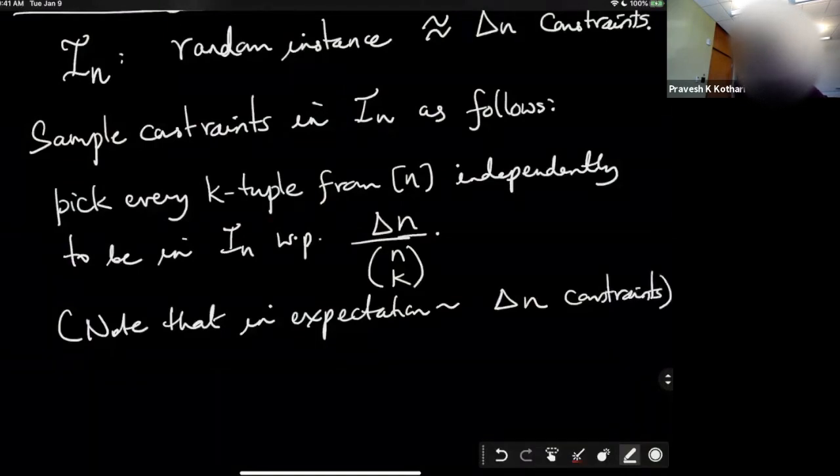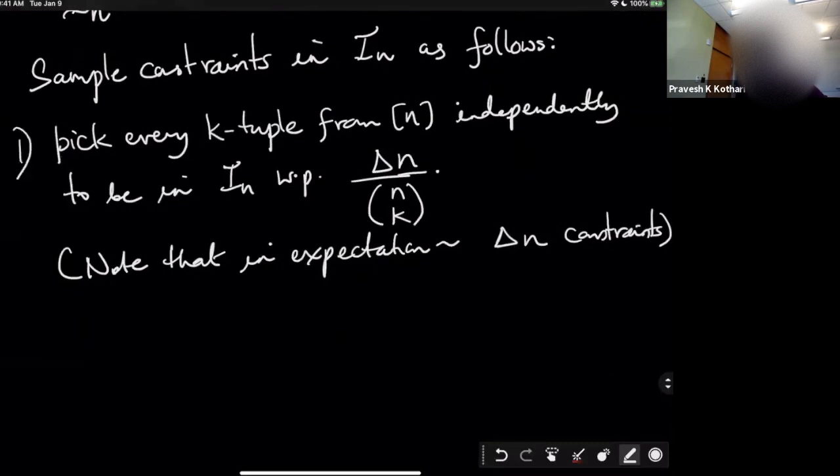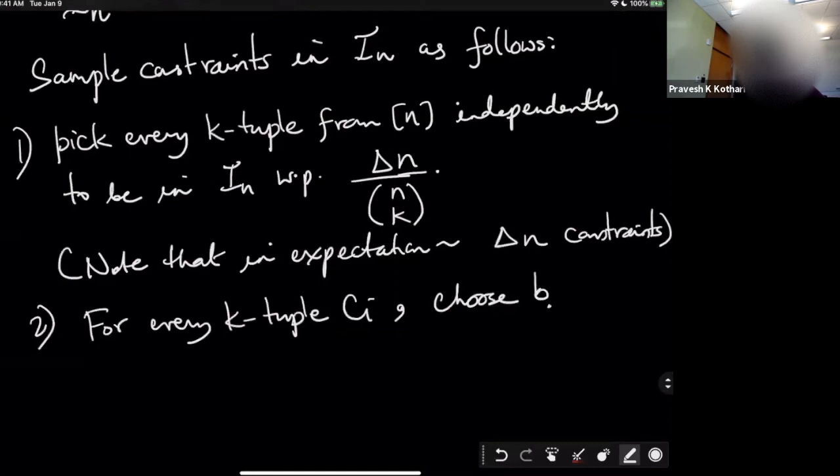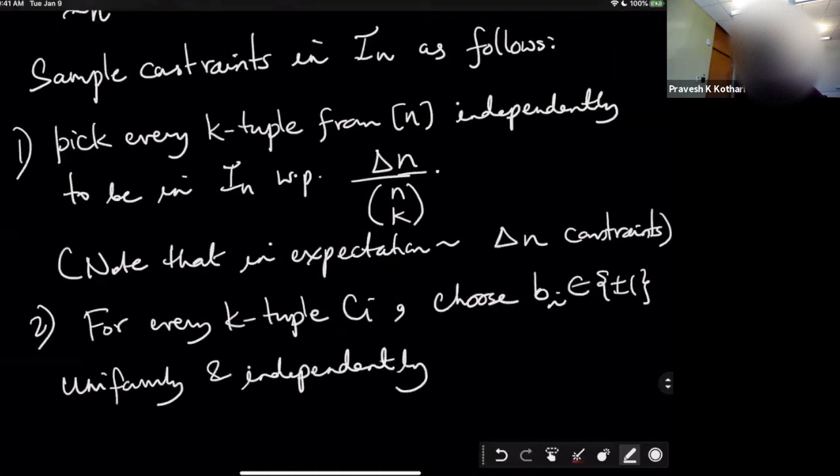Right? Very good. And now, for every k-tuple so picked, choose the right-hand side uniformly at random and independently. Okay, that's it.